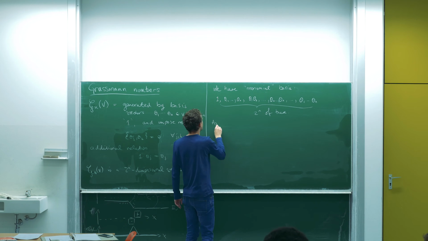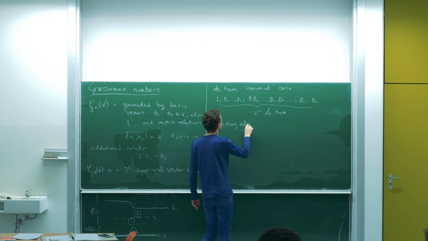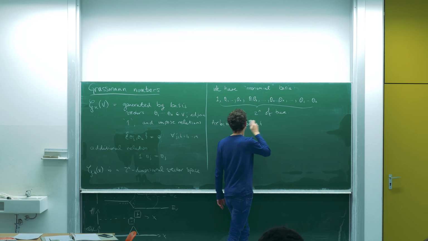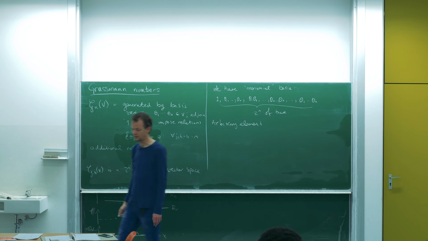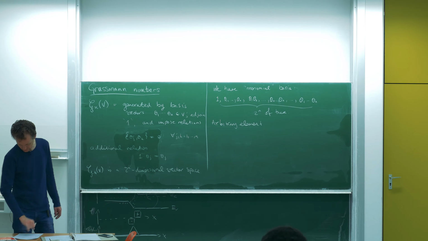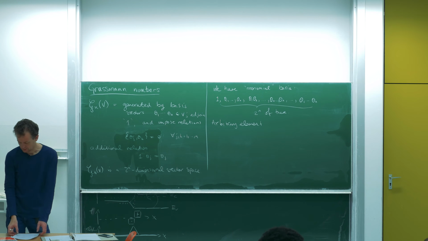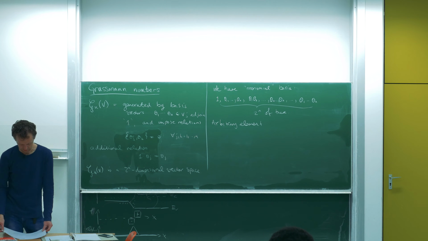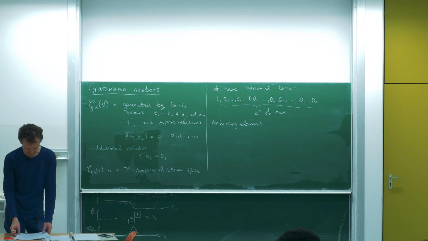And therefore, an arbitrary element, an arbitrary Grassmann number or Grassmann variable, is then a linear combination of those things.